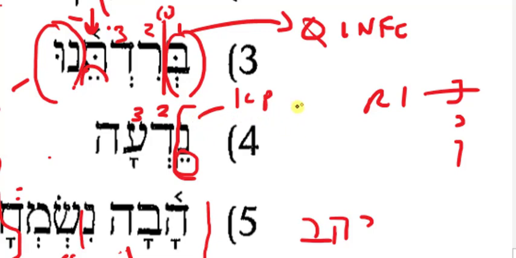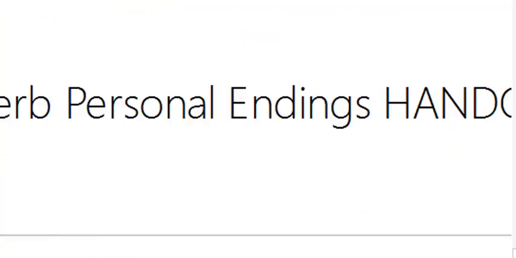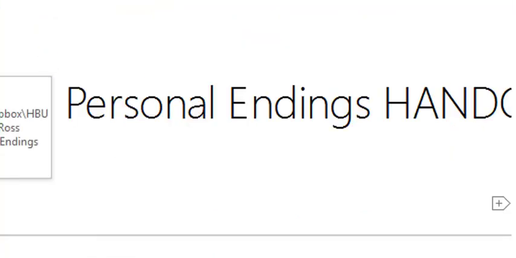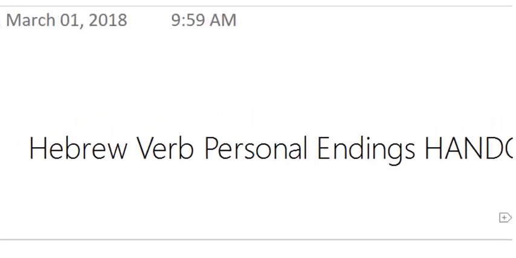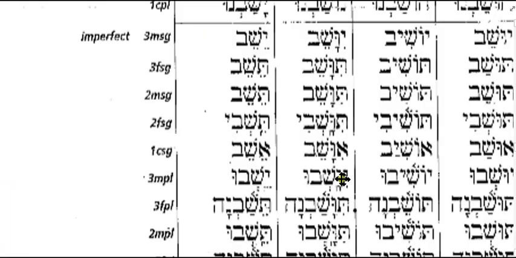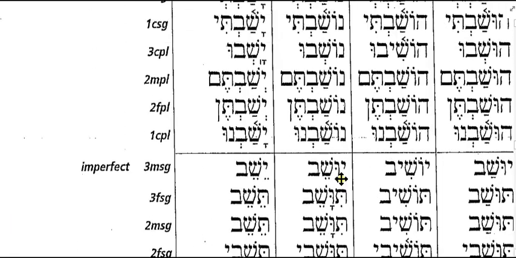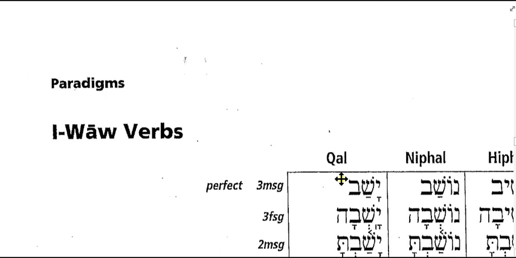In the Qal. That's right. Take a look at the paradigm sheet, and just see what we've got here with the 1 vav verbs in the Qal imperfect. What do we have?